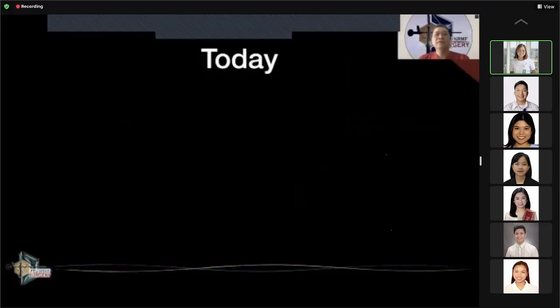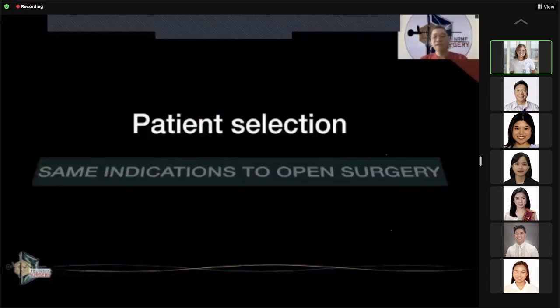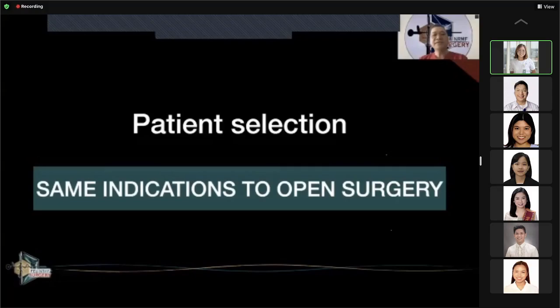So today, virtually no abdominal surgery is excepted from the laparoscopic technique. So meaning anything that is inside the abdomen or anything that you want to remove could be performed laparoscopically. Patient selection. It's usually the same as in open surgery. If the patient is a candidate for open surgery, you can use laparoscopy as long as the expertise is there.